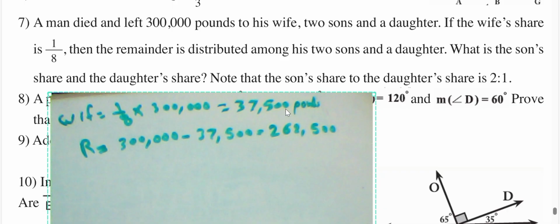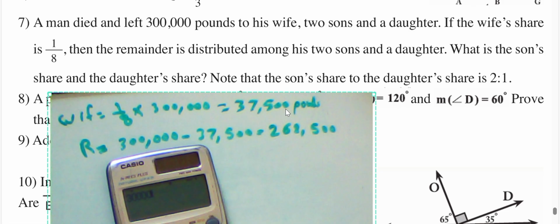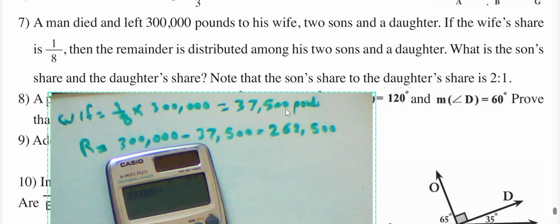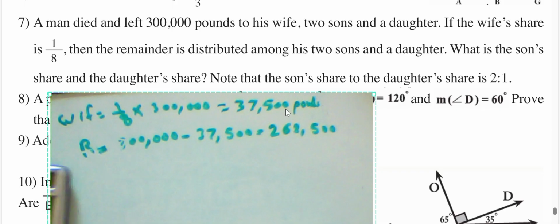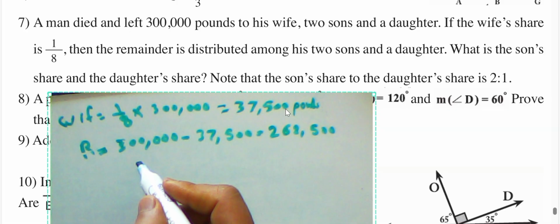Again, you can use a calculator. 300,000 divided by 8 equals 37,500, and then subtract the answer from 300,000. It will be 262,500. We can write the ratio between boys and girls.